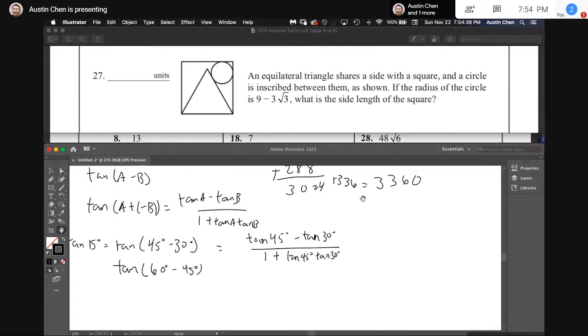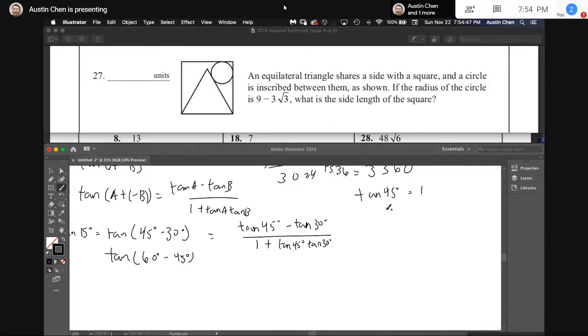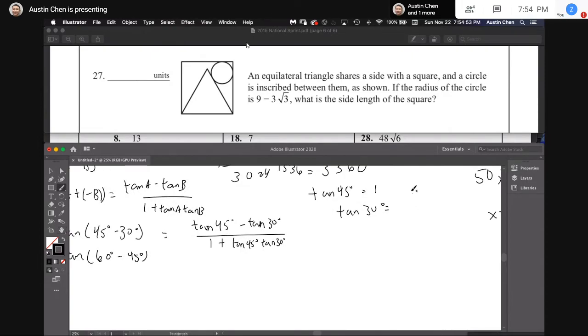Okay. So tangent of 45 degrees will just be equal to 1, and then tangent of 30 degrees will just be equal to 1 over root 3.